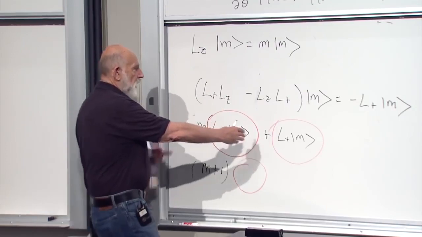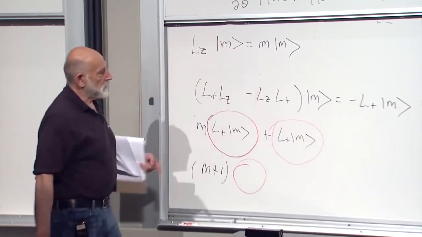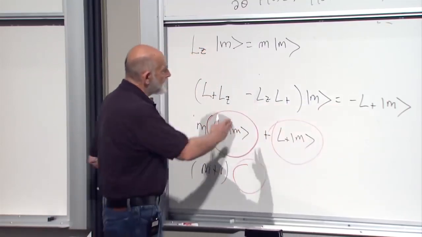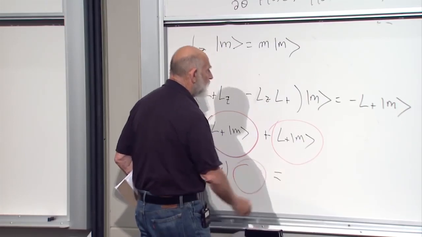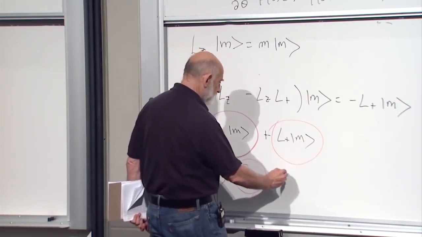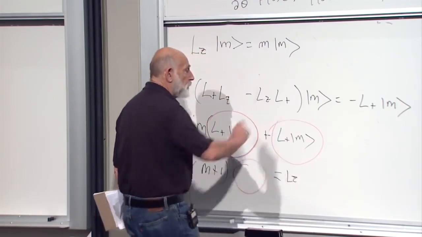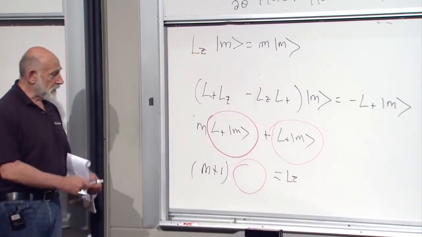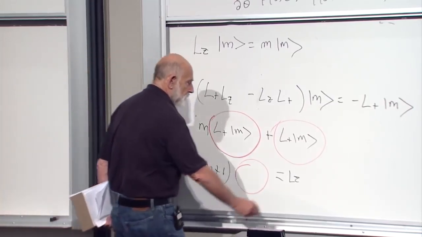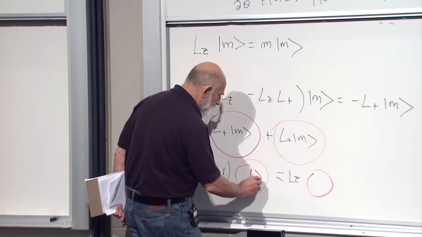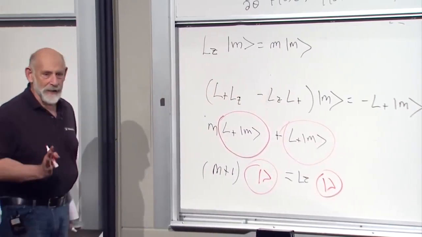That's the left-hand side with this term transposed to the left. Now let's transpose the other term to the right. That's equal to Lz times L plus m. But L plus m is again exactly the thing in the red circle. The thing in the red circle is a certain ket vector. So what does it say?